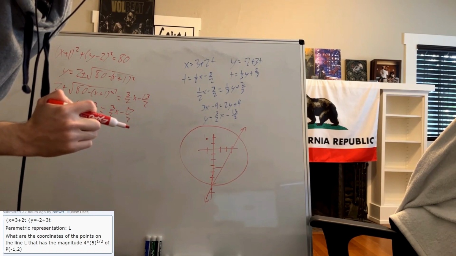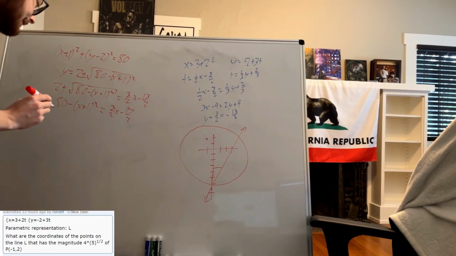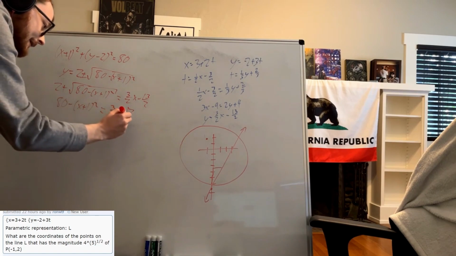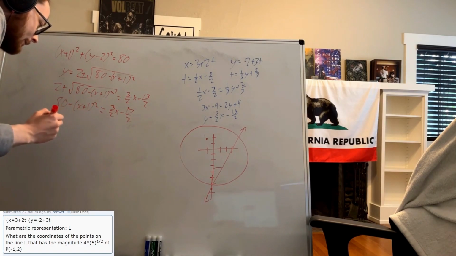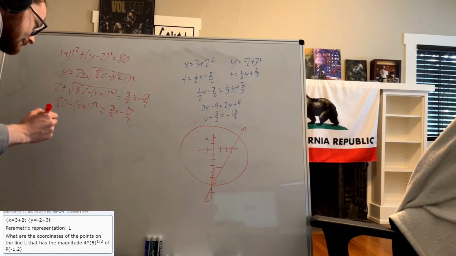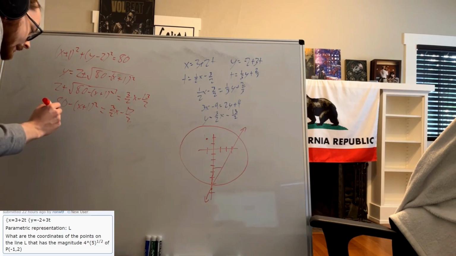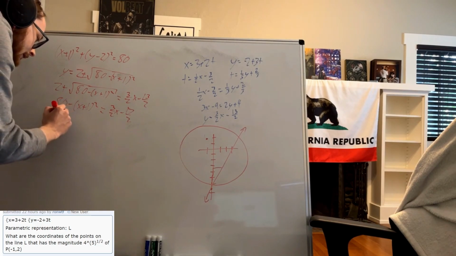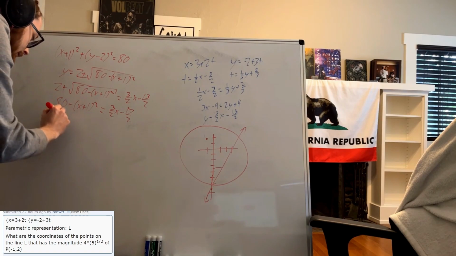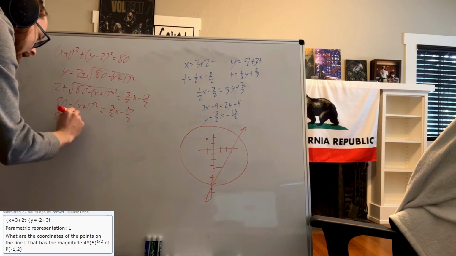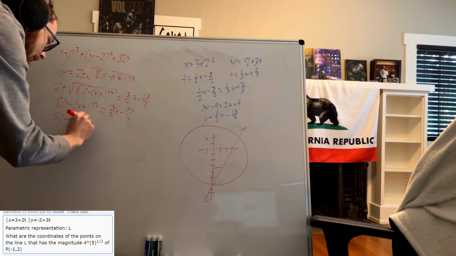They're not nice points? That makes me worry that I'm interpreting the problem wrong then. 80 minus x squared minus 2x minus 1.